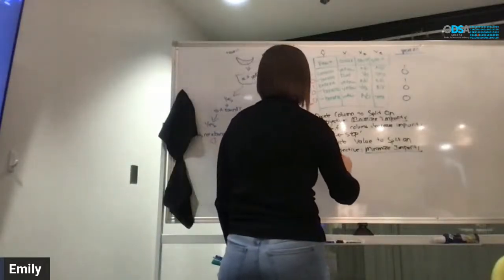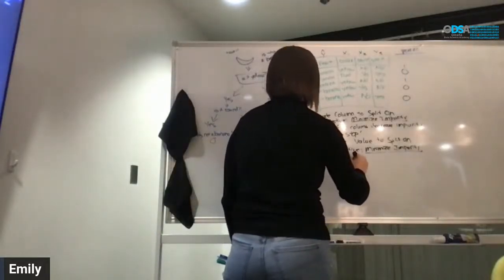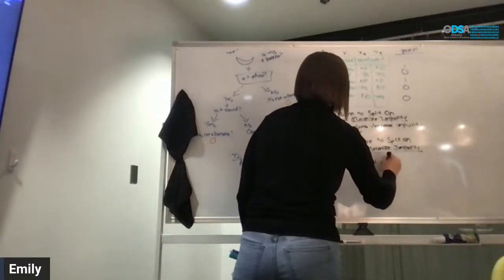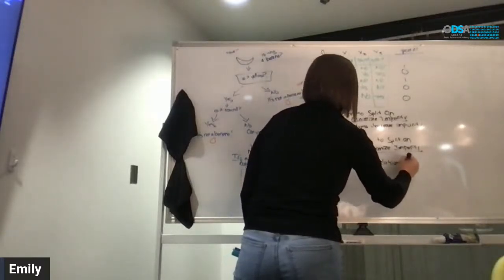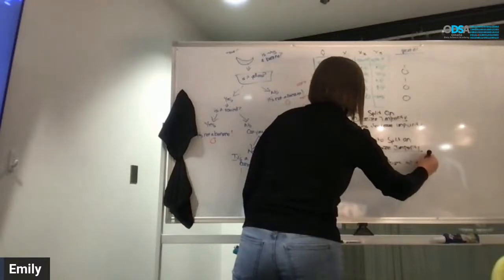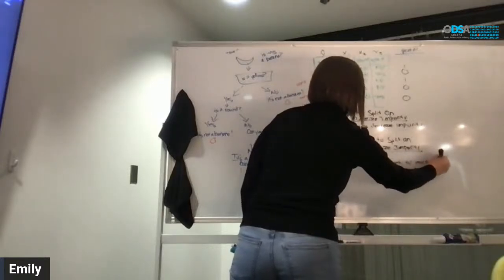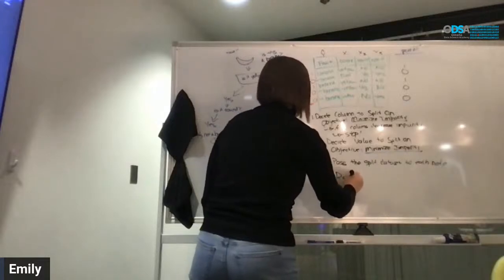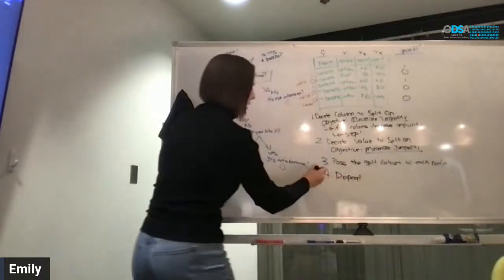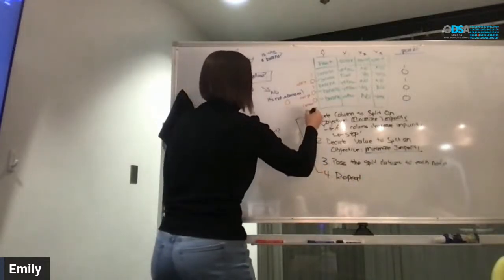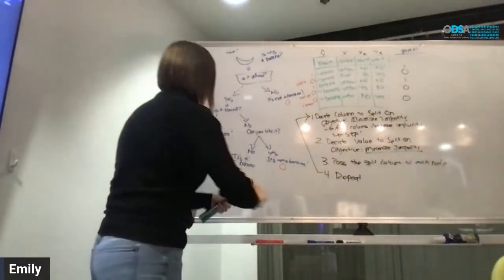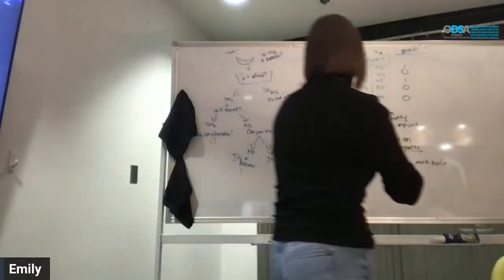Then we're going to pass the split data set to each node. And 4 is we're going to repeat. So when I said recursion, that's what I meant. We're going to come back up here, and we're going to do that for each node. So let's go to the other side of the board, see what that looks like.